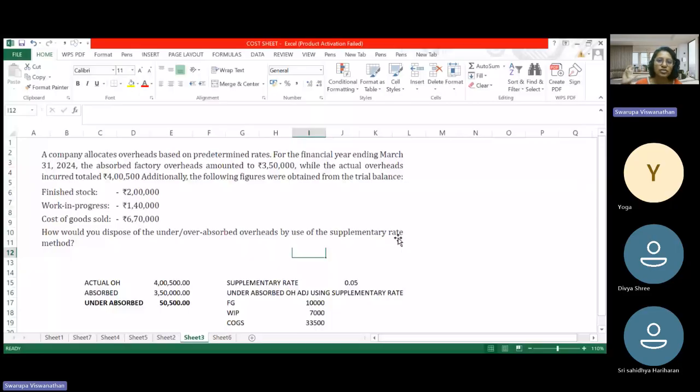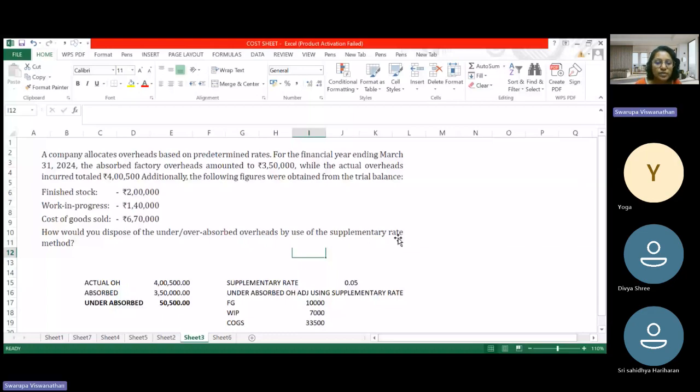We cannot directly adjust it entirely in the cost of goods sold, because then there is a component of cost in the finished goods and WIP also. So it will be like we are putting too much cost into the current goods that are being sold, and the finished goods that become the opening stock of the next year will be at a lesser cost. So the profit calculation will not be correct.